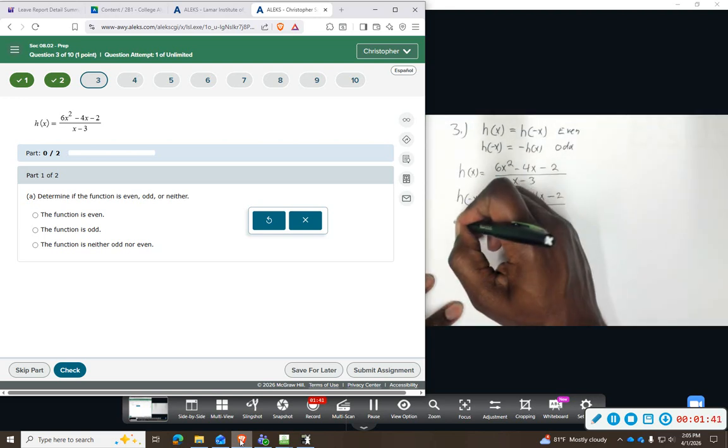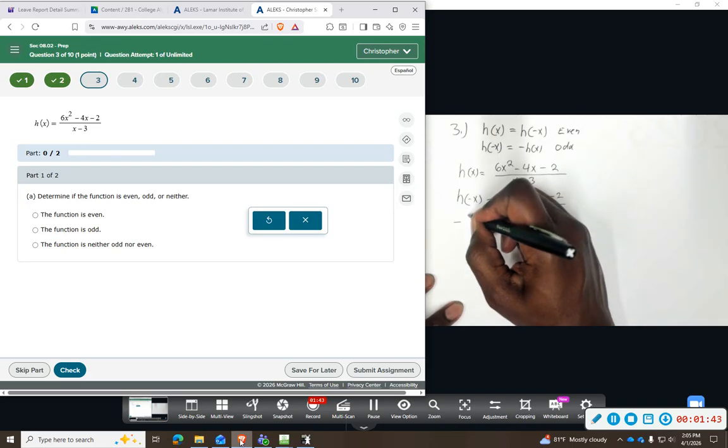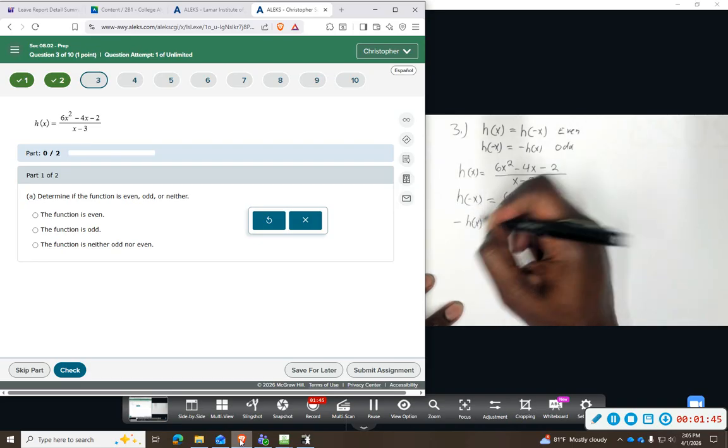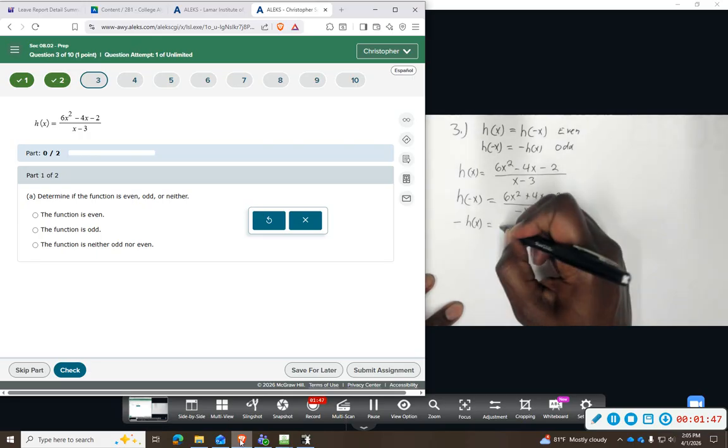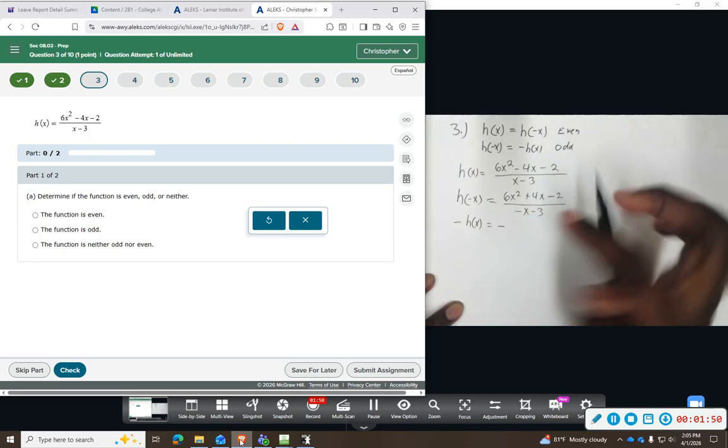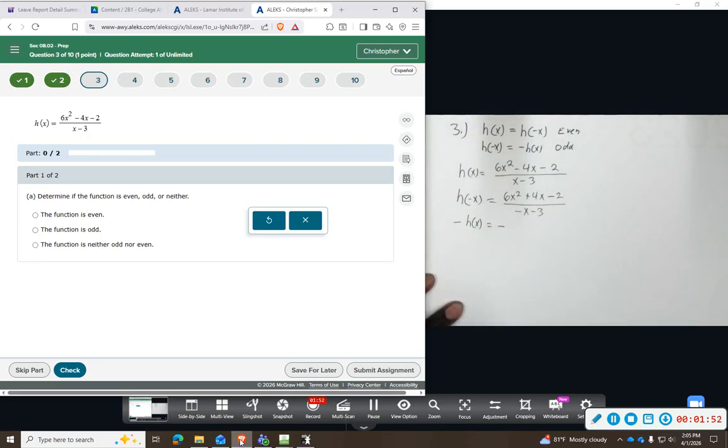Now we're going to do a negative h of x. All that's going to do is multiply a negative out front. We can distribute it through the top or the bottom. It doesn't matter.